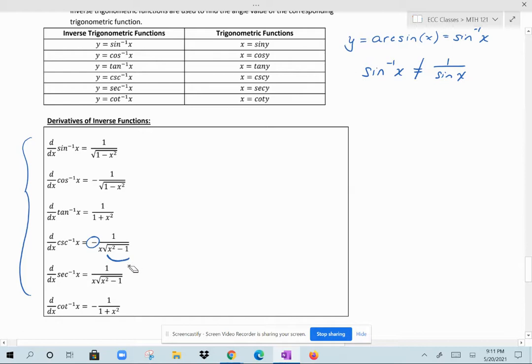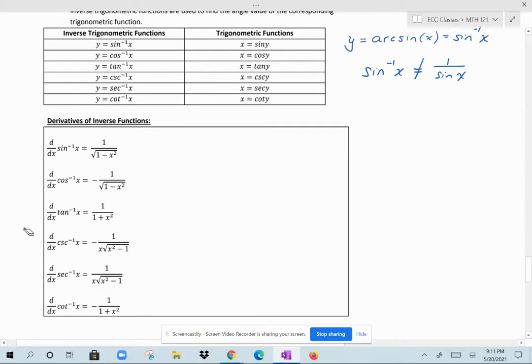So secant inverse is 1 over x times the square root of x squared minus 1. And cotangent inverse looks a lot like the derivative for tan inverse, again, except it's got a negative in front of it. So it is equal to -1 over 1 plus x squared.